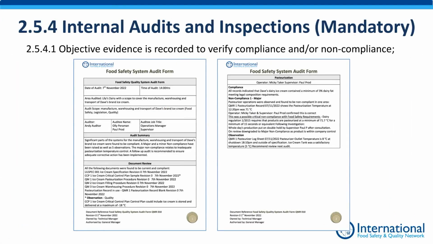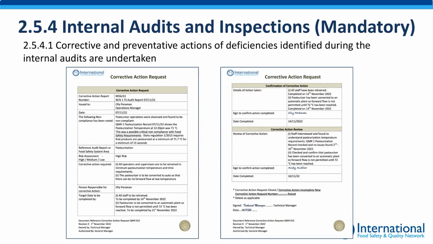So objective evidence can also be recorded on a food safety management audit form. Here we record and verify compliance and non-compliance. Corrective and preventive actions of deficiencies identified during the internal audit should be undertaken.